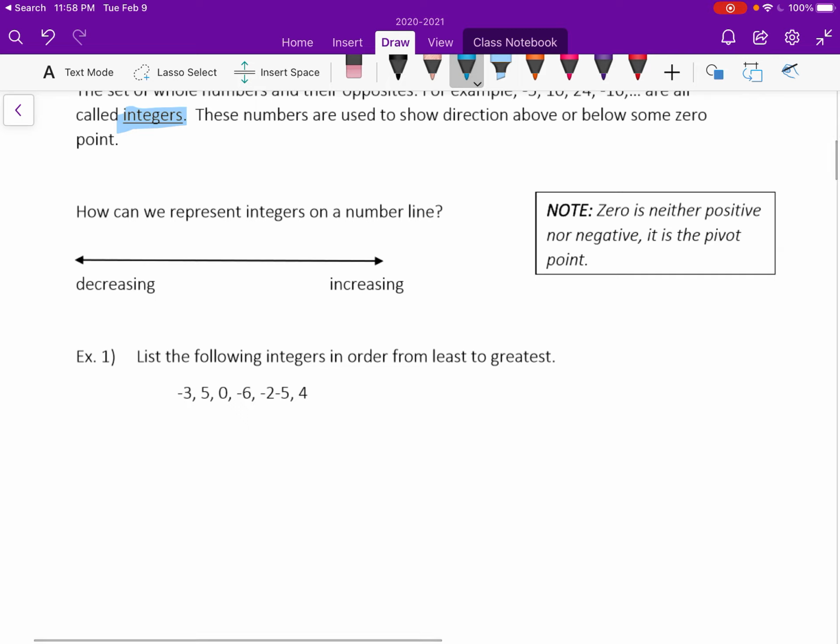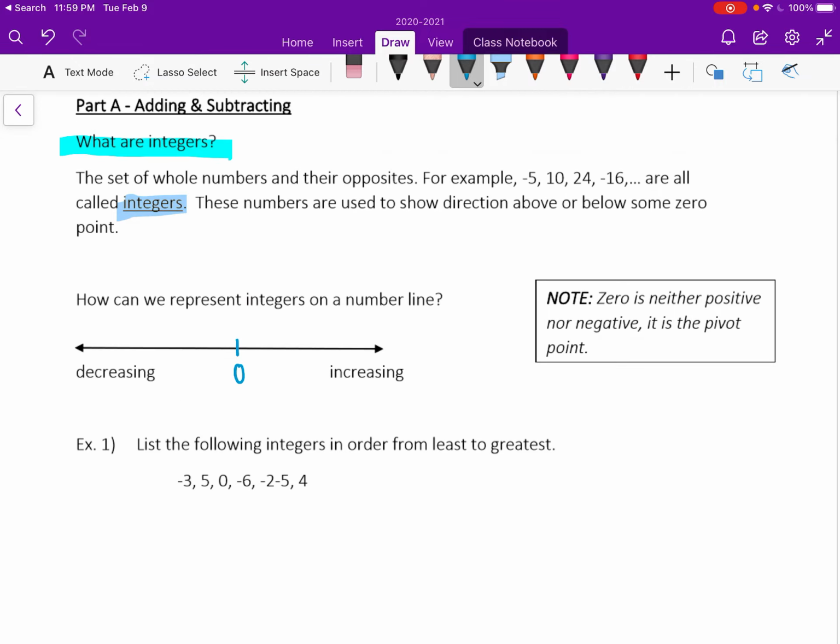So if we wanted to represent integers on a number line, we would say, okay, here we have 0. And if we actually wanted to represent those integers, all of our positive numbers would be on this side, and all of our negative numbers, and I'll put that in orange, would be on this side. Each increasing as we go from left to right.